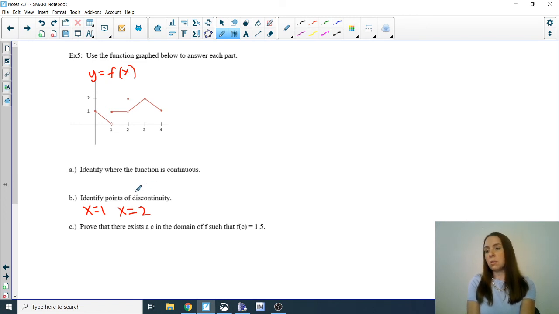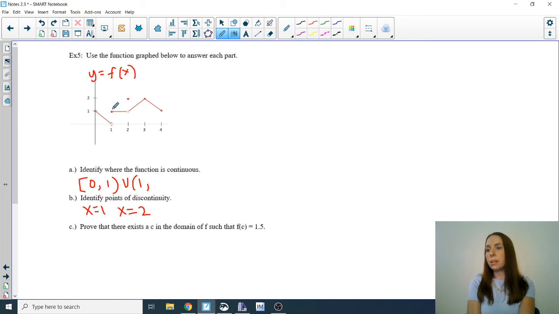And so we're just going to use interval notation to identify where the function is continuous. It is continuous starting at x equals 0, because that's the left endpoint, to x equals 1. However, it's not continuous at x equals 1, so put a parenthesis there, closing that part off. Let's union that with another interval, picking back up with 1.